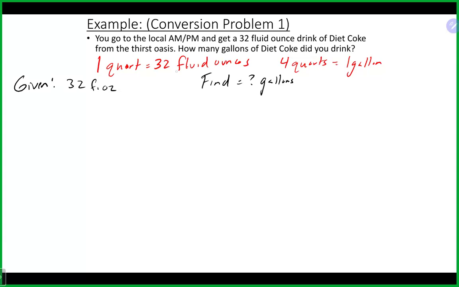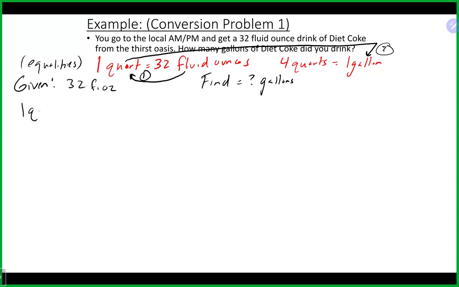So one way we could do that is we could take the fluid ounces to quarts. And once we have it in quarts, we could take it from quarts down to gallons. So since we have each of these equalities here, we could write our conversion factors that we could use in this problem.